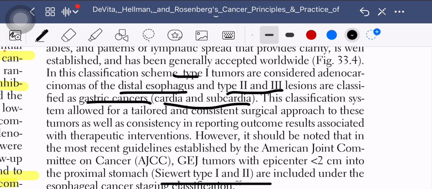This classification system allowed for a tailored and consistent surgical approach to these tumors, as well as consistency in reporting outcomes associated with therapeutic intervention.